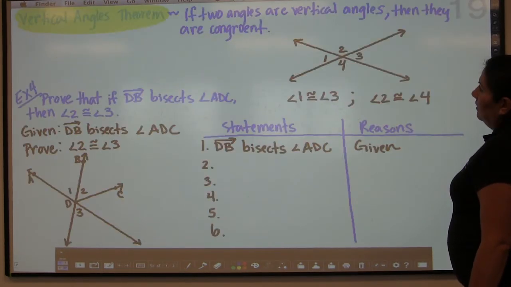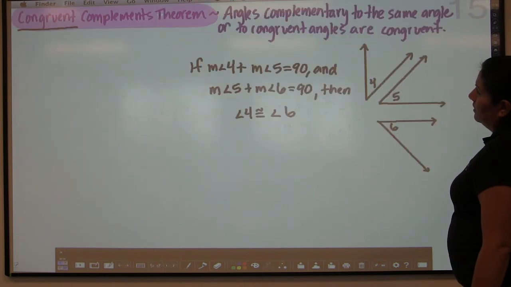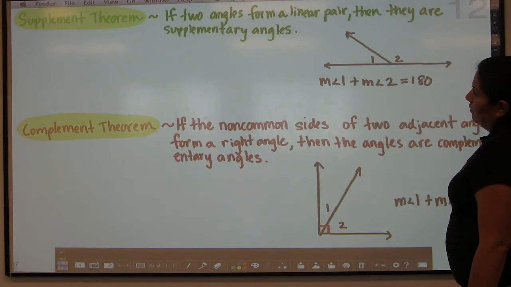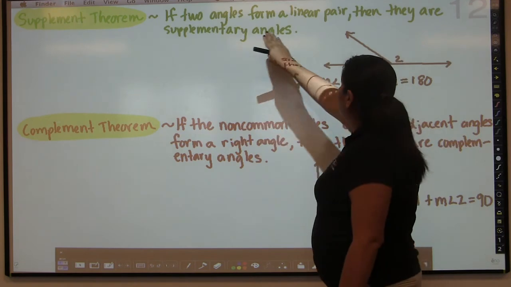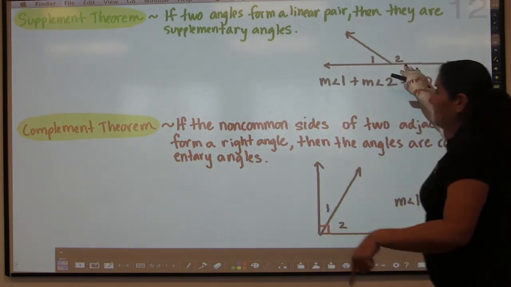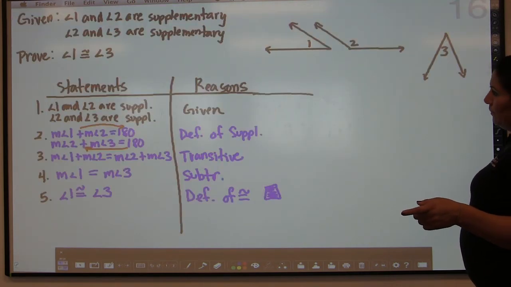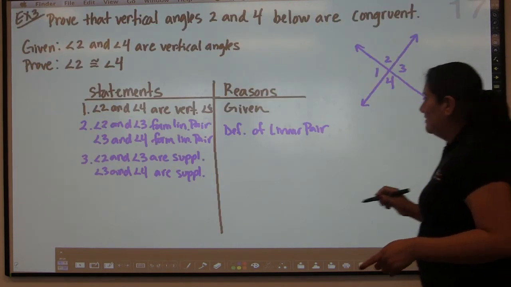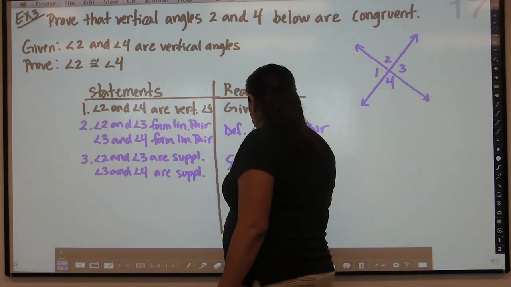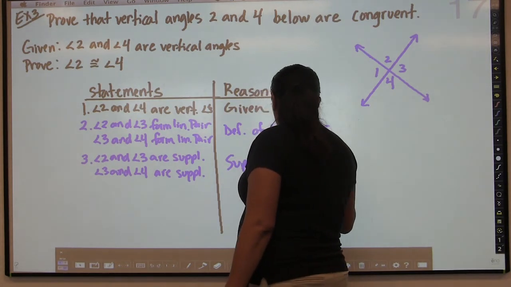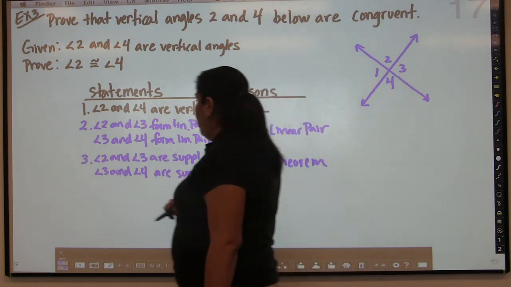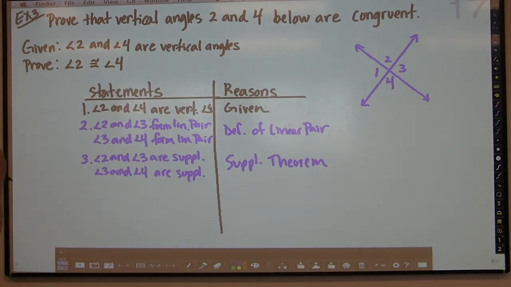Right here, the supplement theorem: if 2 angles form a linear pair, then they are supplementary. That's the theorem that we're using. So we're going to go back to our proof, and we're going to put supplement theorem. All right? So now we know that those two pairs form linear pairs based on the supplement theorem.